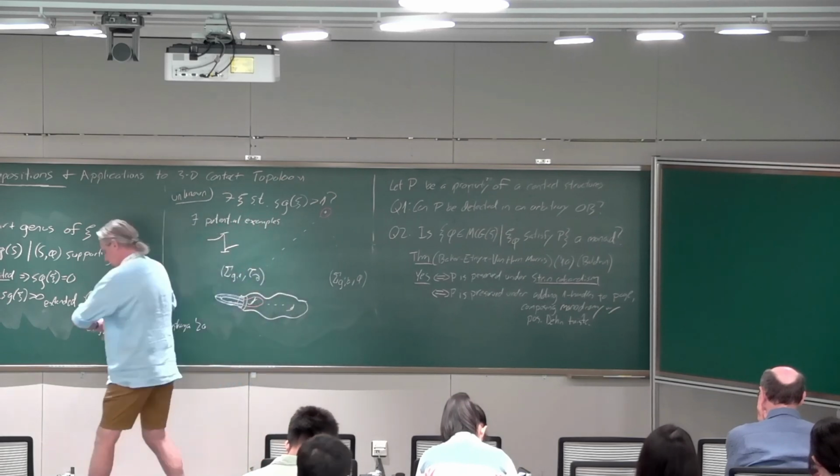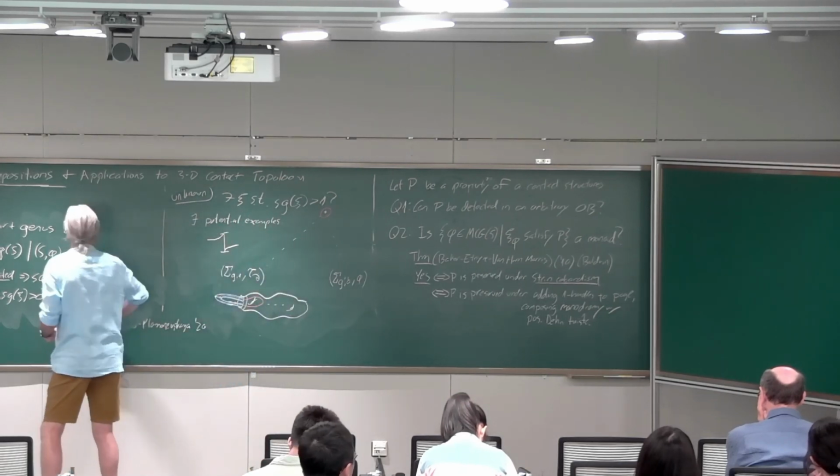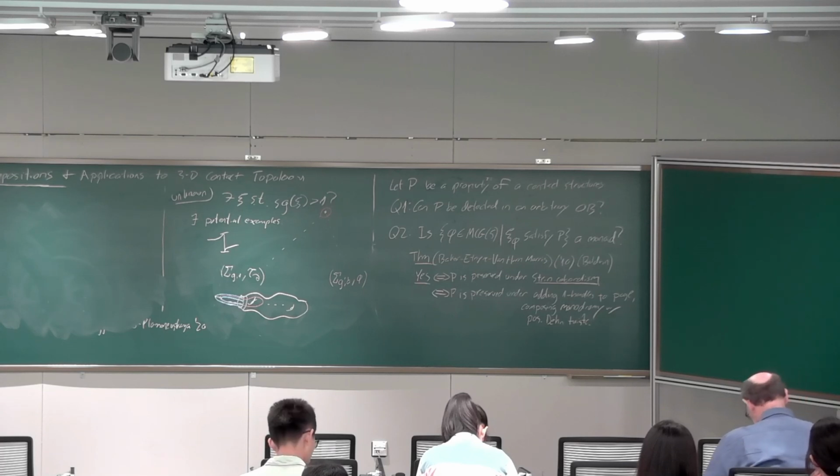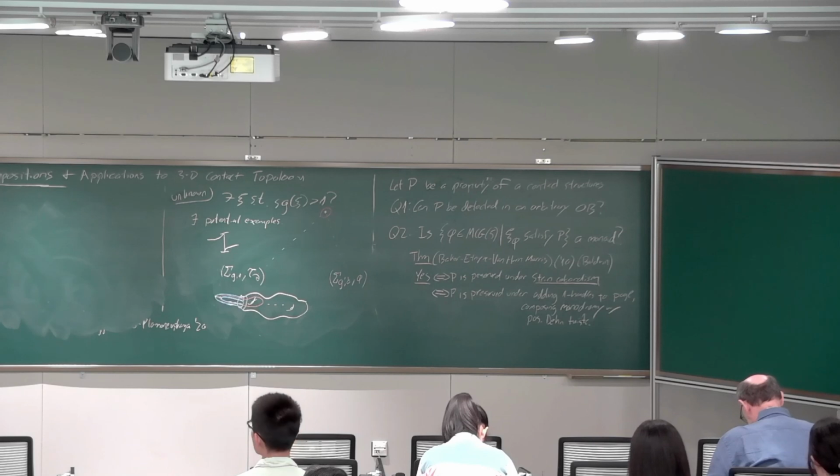Let's look at a few examples of these and how they fit together. So what are some relevant monoids? Well, starting with properties we've already looked at, one can look at the property of being the boundary of a Lefschetz fibration.